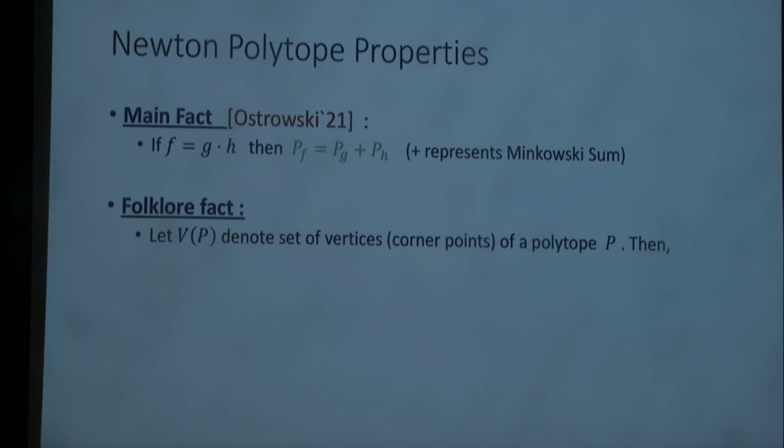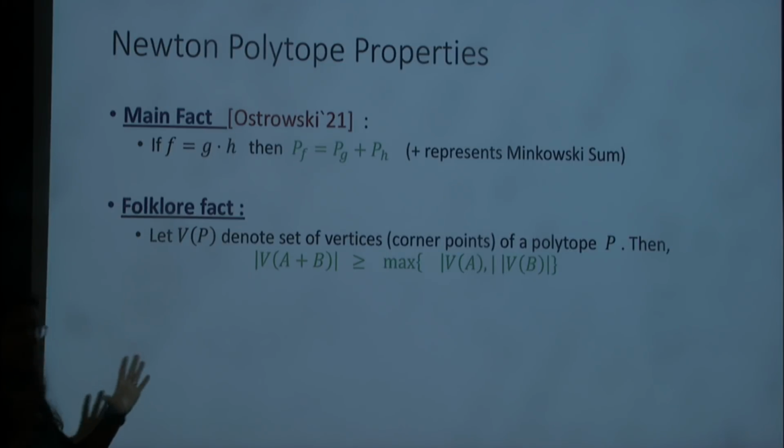Everyone's happy with that? Here's another fact, probably folklore. For a polytope P, I'll let V(P) be the vertices, or the corner points, of the polytope. If you have two polytopes A and B and you create the Minkowski sum, everyone's happy with Minkowski sum? For every point in A and every point in B, you look at the sum of these two vectors, and you look at all the sums obtained.